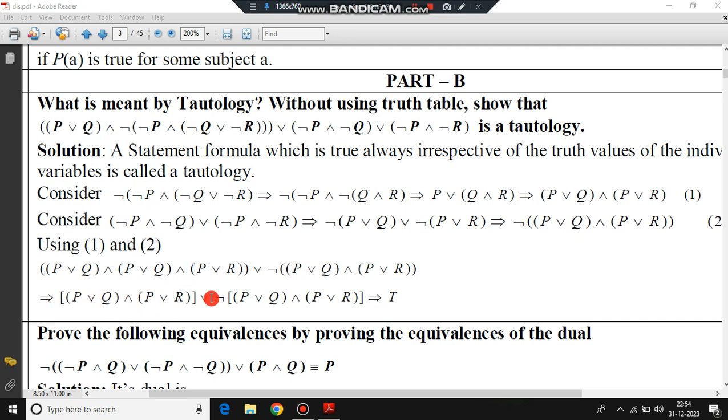So (P∧Q) and (P∧Q) becomes (P∧Q), and this comes as it is, and then comes negation of (P∧Q) and (P∧R).